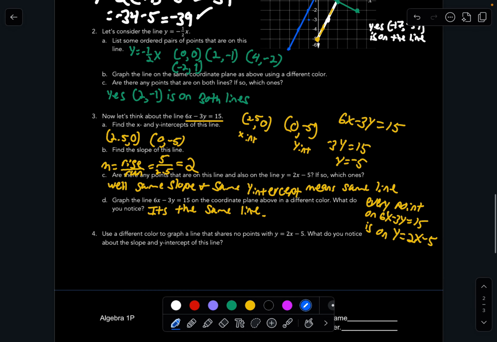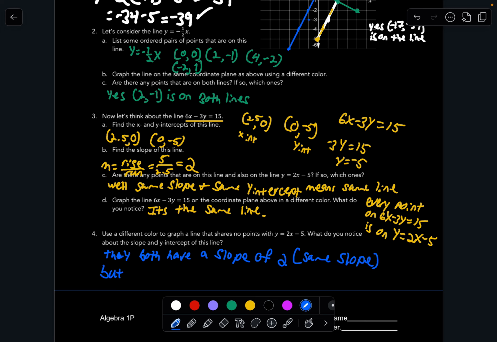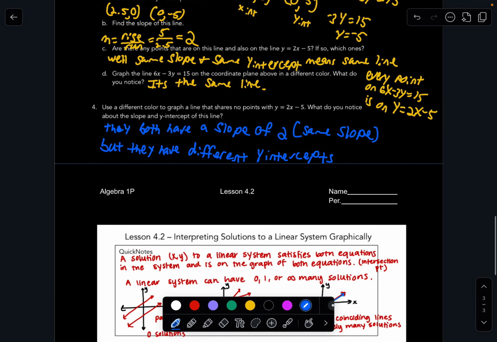Notice that about the slope and y-intercept, well, they both have a slope of 2, which is same slope. But they have different y-intercepts.